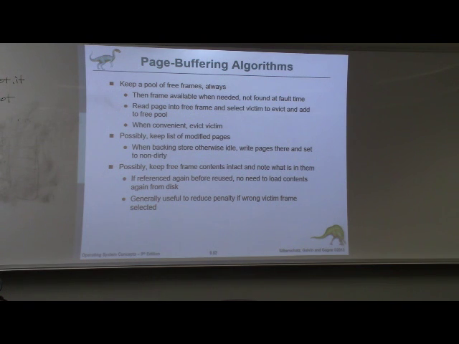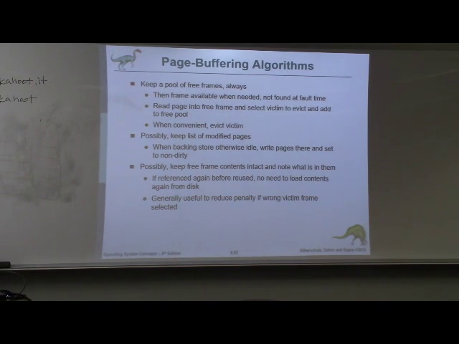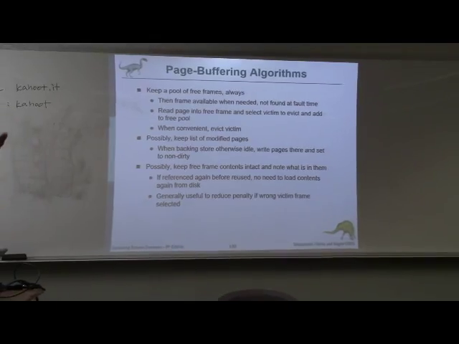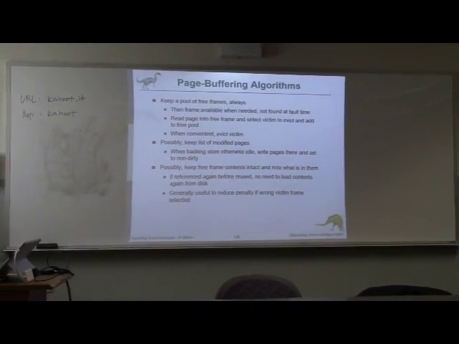Most of the rest of chapter 9, we will see how to enhance the performance for paging and the page replacement algorithm. One thing is, instead of selecting the victim whenever we need, why don't we keep a pool of free page frames? Then if needed, assign.